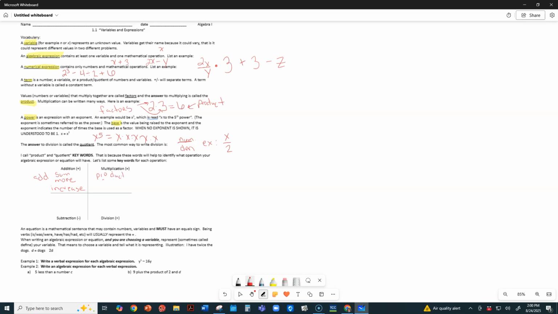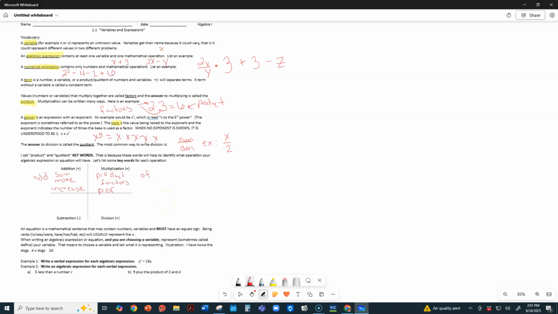You can also look for the word factors, because we know that when you multiply two numbers together, those are called factors. The word per. On word problems, when they say we're going to charge $5 per hour, that means you're going to multiply 5 times the number of hours. And also the word of. When we take a percent of, or we do 3/4 of a number, the word of means multiply.